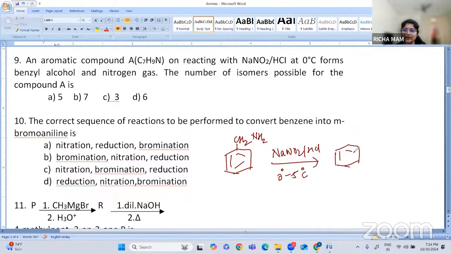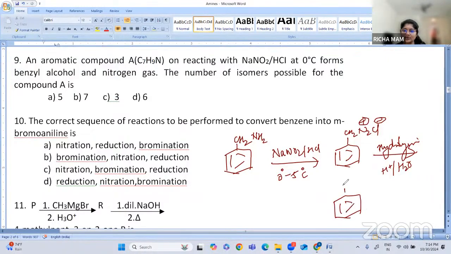I'm going to get CH2N2+Cl-. Now this further will undergo hydrolysis, that is acid hydrolysis. Your N2Cl will be converted into OH.